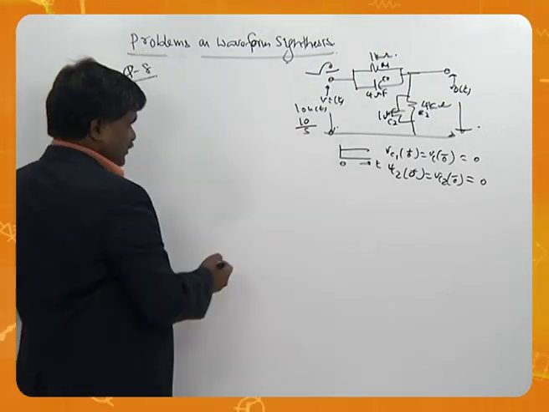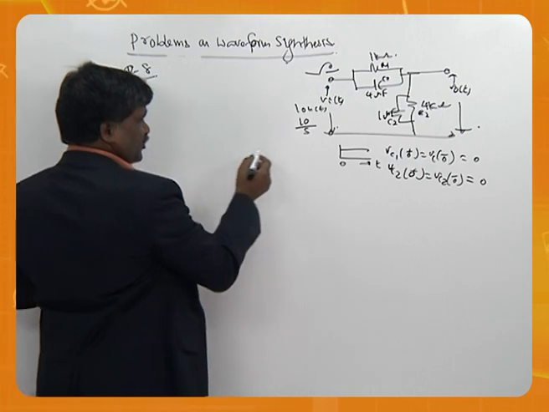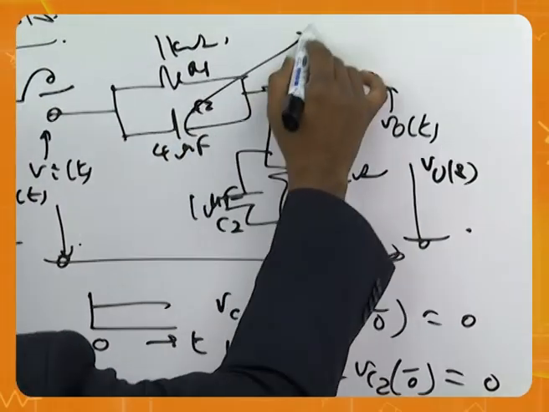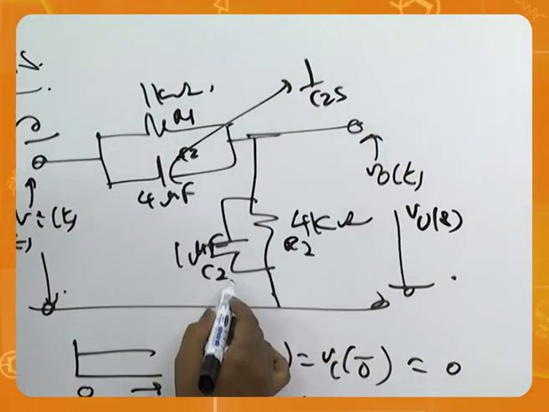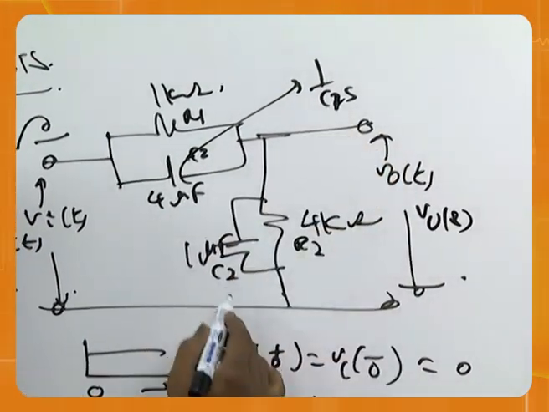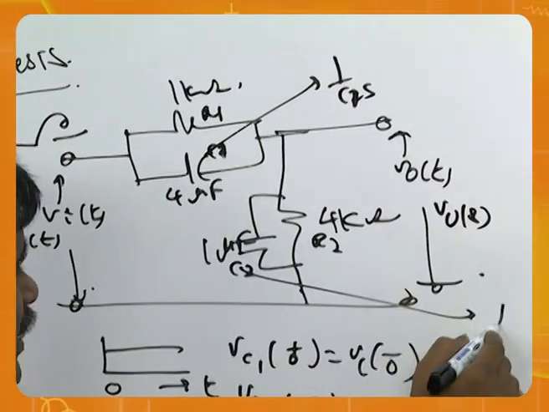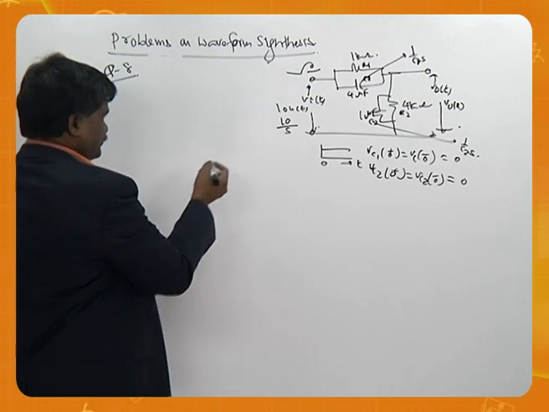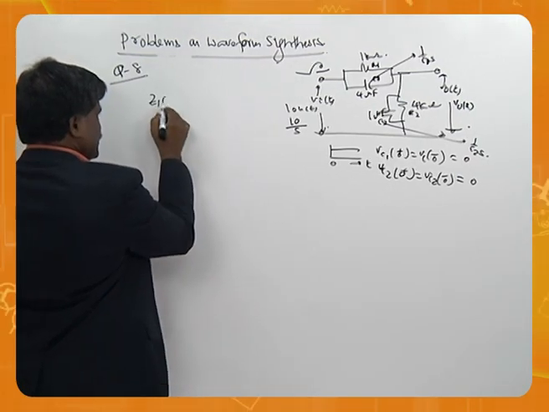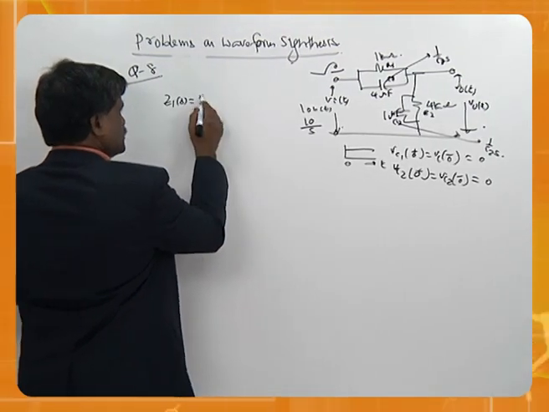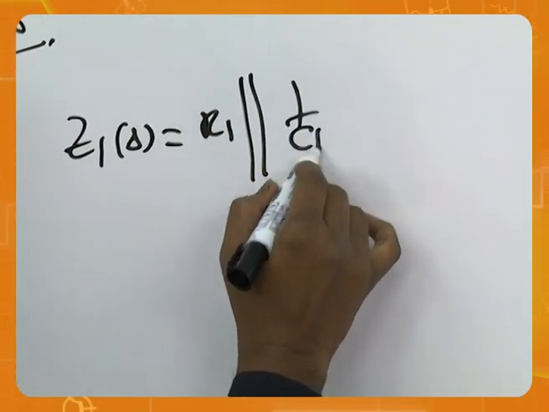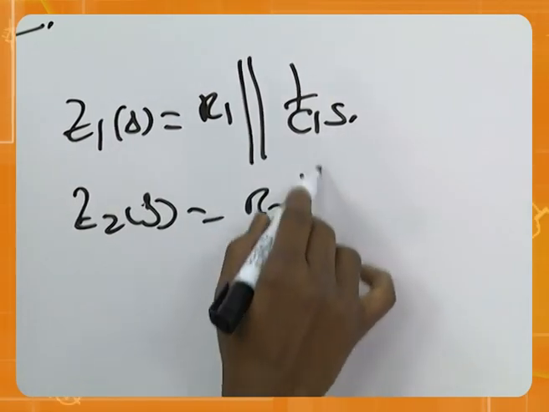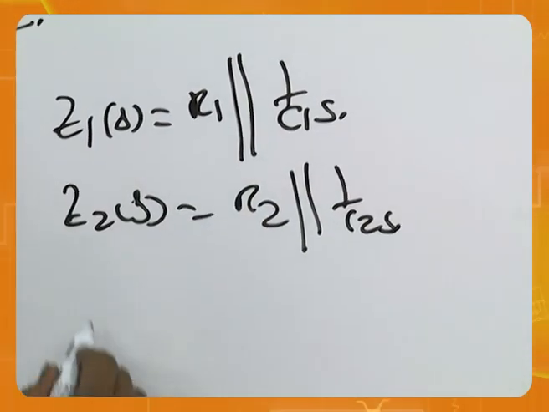Therefore, let's go ahead. Let's see this value, and you call this V naught of s, this 1 by C1 of s, and this 1 by C2 of s. Therefore, I simply say Z1 of s is equal to R1 parallel 1 by C1s, and Z2 of s is equal to R2 parallel 1 by C2 of s.